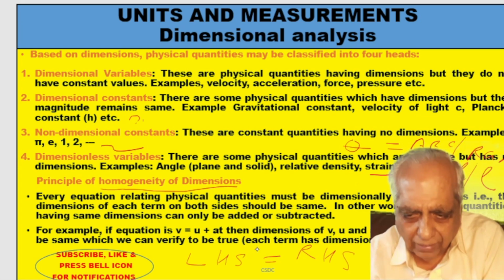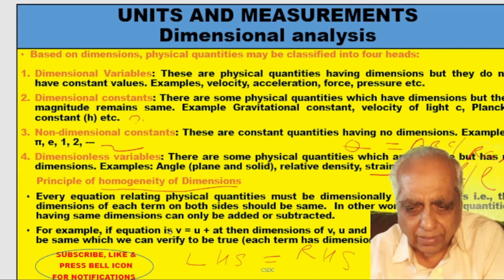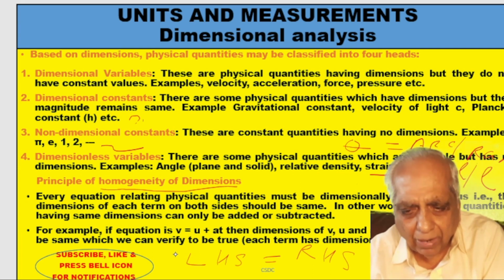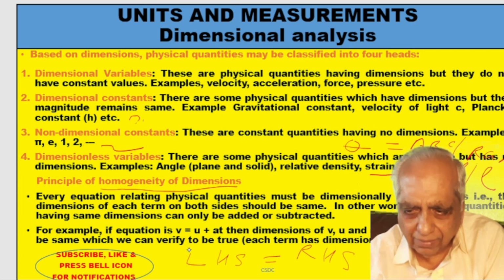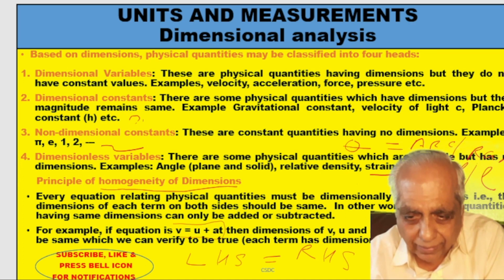So if that is true, this is called homogeneity of dimensions. It cannot happen that on the left hand side one term has different dimensions. This should be clear when we see various examples. Like this equation of motion we have studied, v is equal to u plus at. So what is the dimension of v? Velocity, L T raised to minus 1. u is L T raised to minus 1.